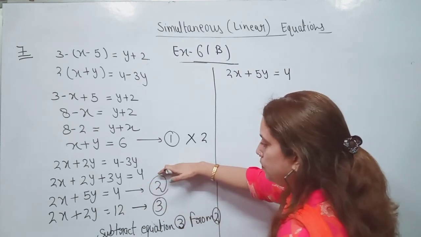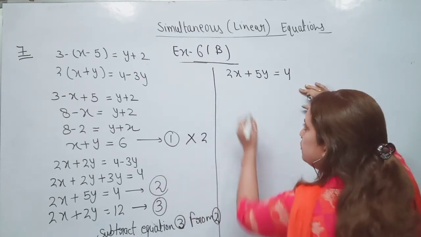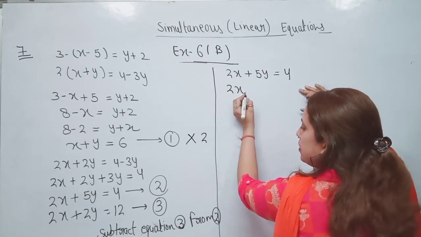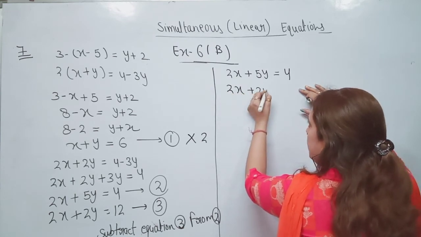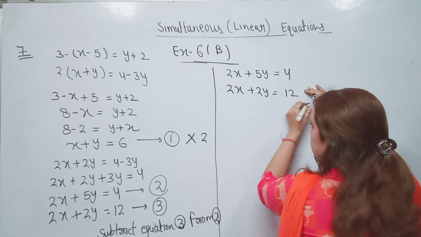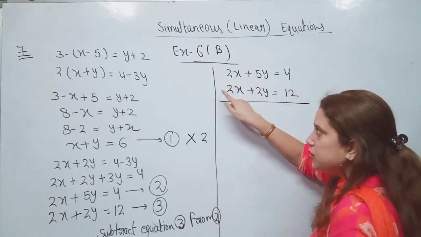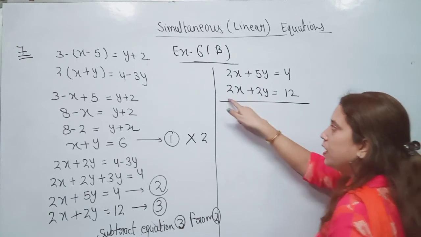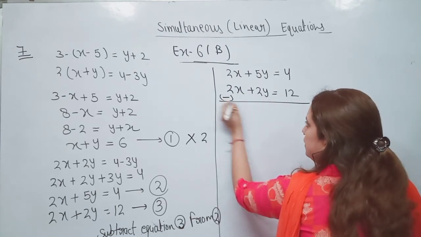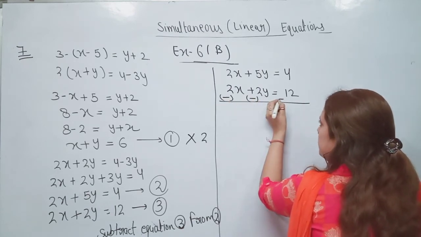So 2x plus 5y is equal to 4 and 2x plus 2y is equal to 12. The sign is same, then we do the subtraction and the signs of the downward equation will change, negative, negative, negative.